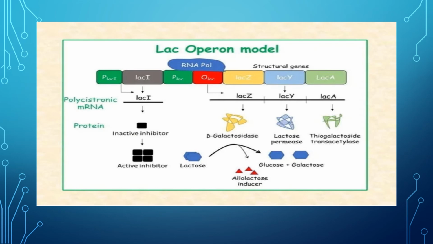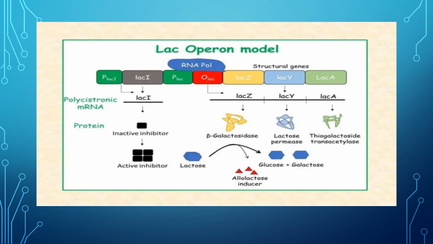Let us now see what happens when lactose is added to the E. coli culture. A few lactose molecules are carried into the cell by the enzyme lactose permease molecules, as a small amount of this enzyme is present in the cell even when the operon is not working.